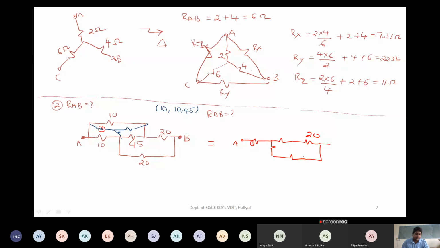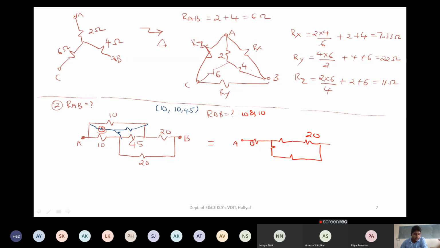So this we have to calculate. Between 10 and 10 we can calculate this, right?